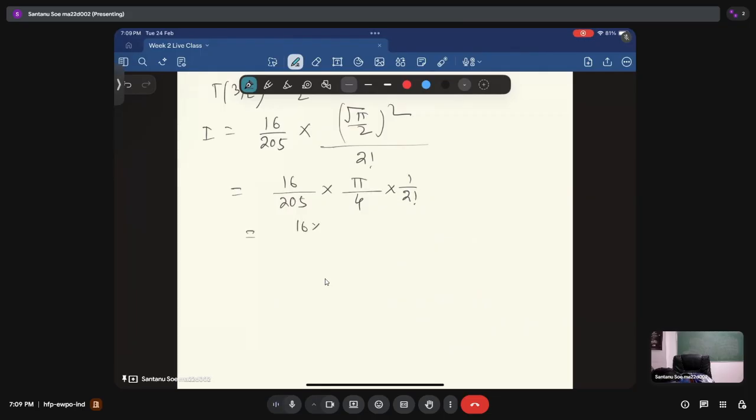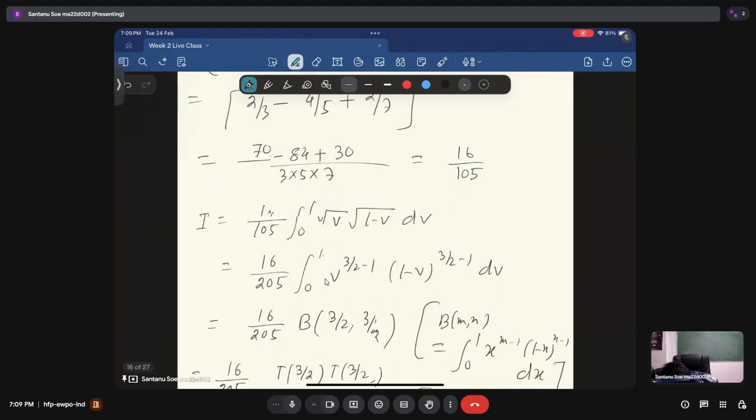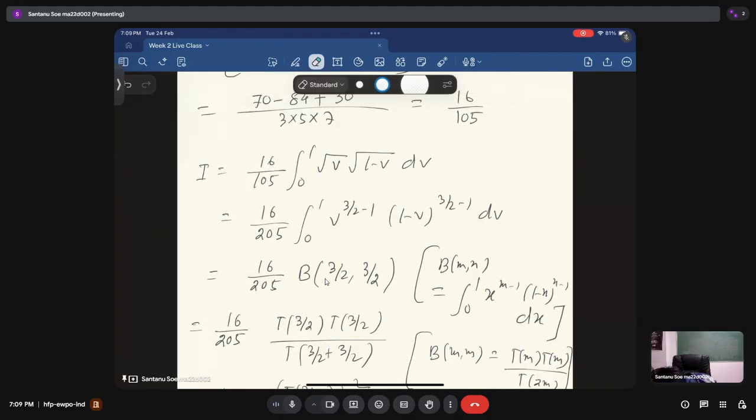So this will be 16 pi by 105 into 8. Sorry, this is 105, not 205.